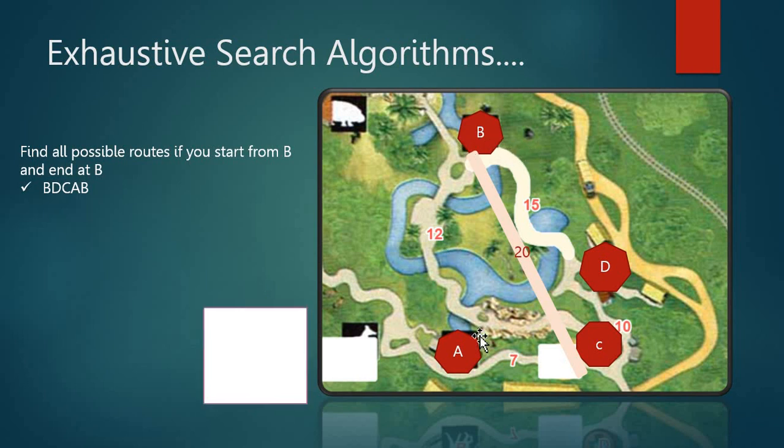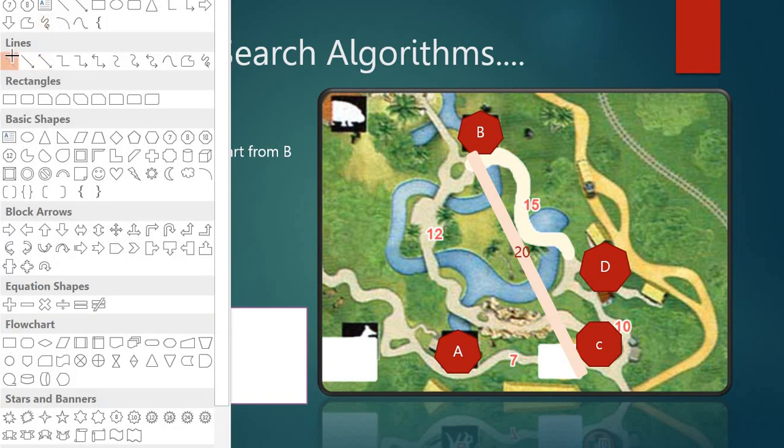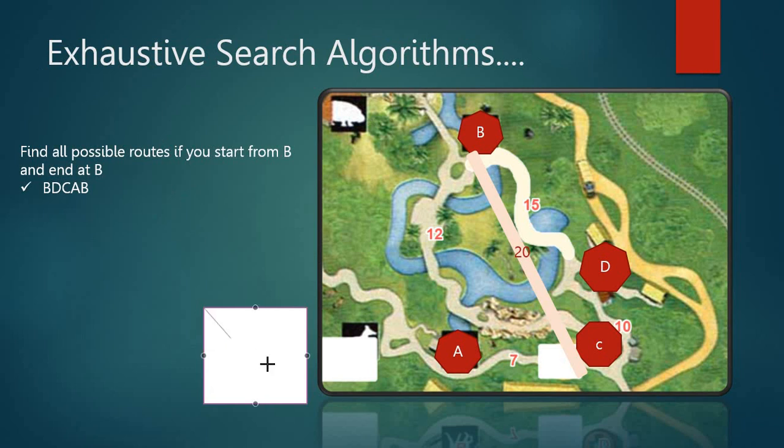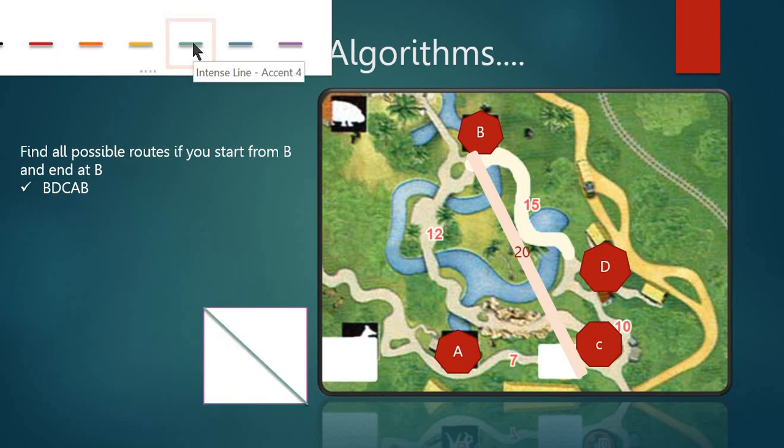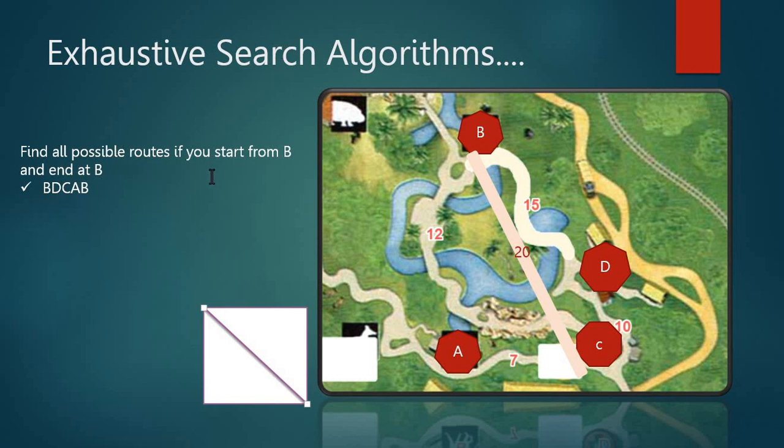Because I have 4 points, A, B, C, D, that's why I'm using a square, and then in the middle there's a route. To show that, I'm going to use a line, which is like this.